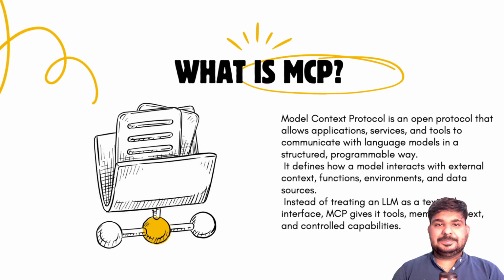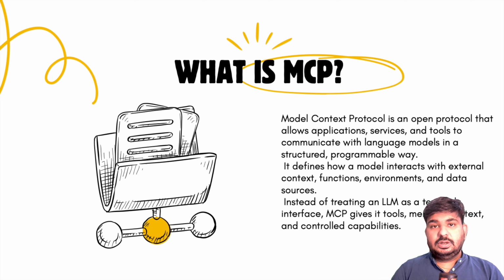What is MCP? Model Context Protocol. It is a standard that allows AI models to communicate with real systems in a structured, secure, and predictable way. It is not a plugin or a wrapper, it's a protocol like HTTPS, but built for AI agents.